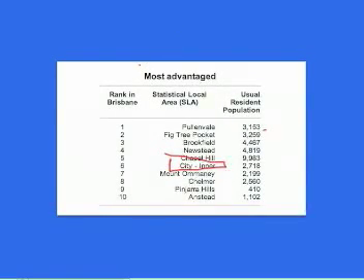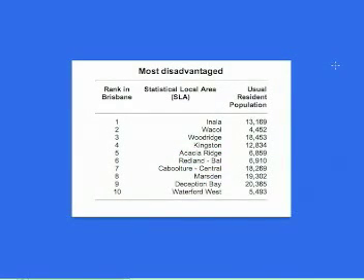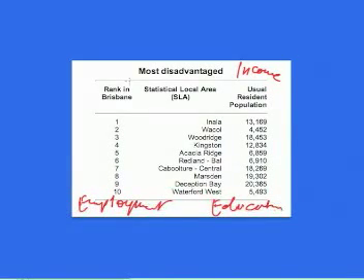If we then go on to look at the most disadvantaged areas in the Brisbane area, where you would expect to find the most problems in terms of income, in terms of employment, in terms of education, in terms of social status, so SES in general.